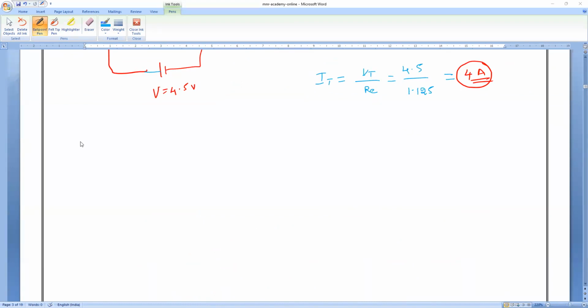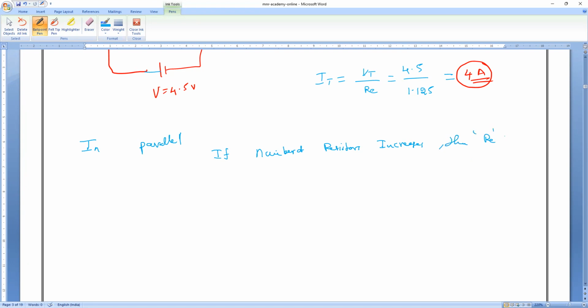So please write: in parallel connection, if the number of resistors increases, then effective resistance RE will decrease.